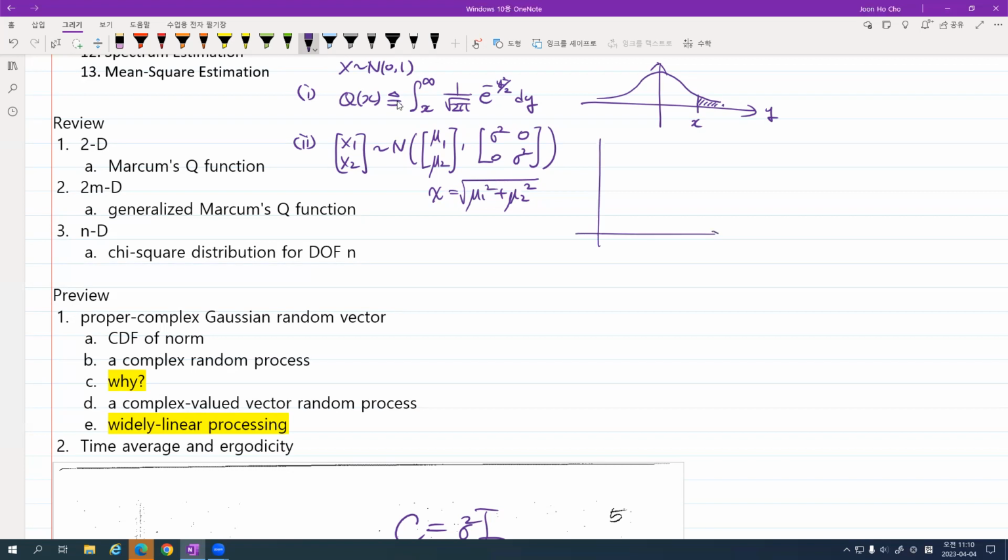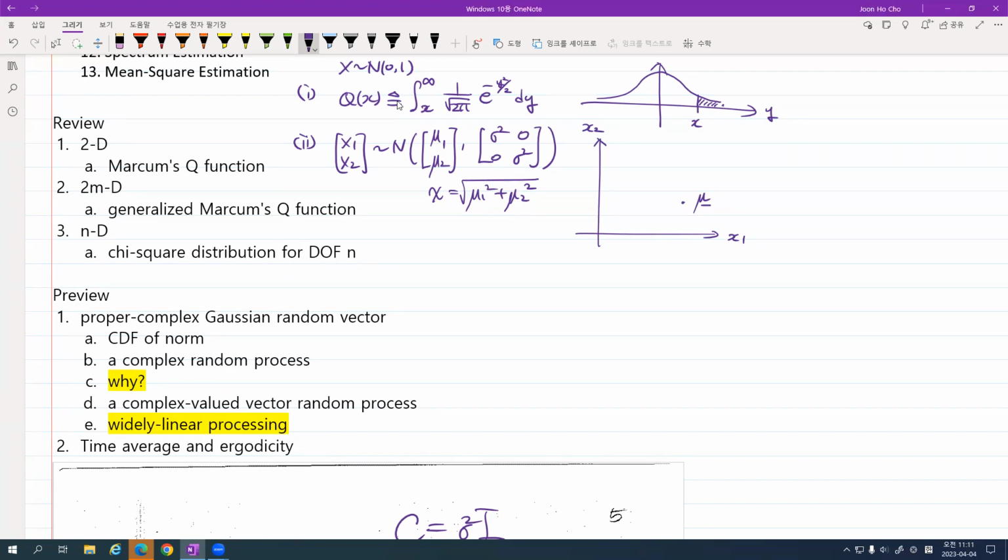So here goes x1 axis and x2 axis, and we may have some mean vector mu. And what we want to do is, again, very similar. We want to find the tail probability.